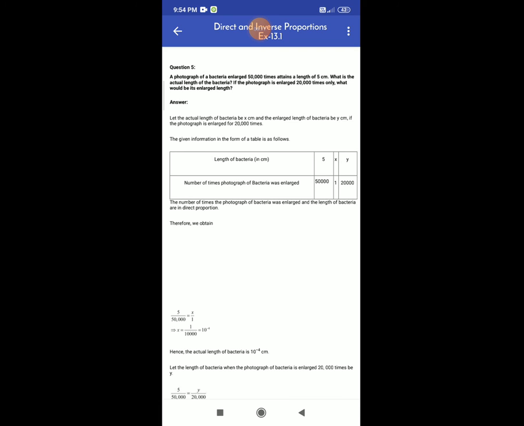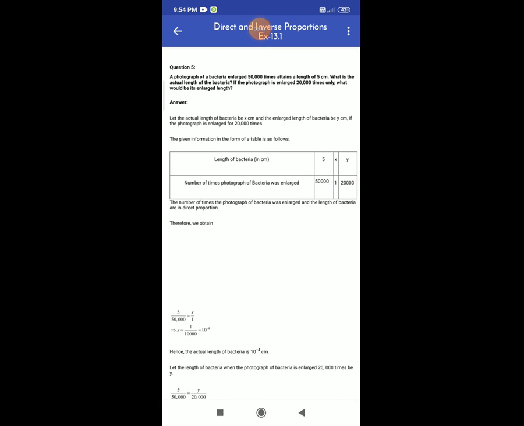So let the actual length of the bacteria be x centimeter and the enlarged length of the bacteria y centimeter if the photograph is enlarged 20,000 times. The given information in the form of the table is as follows. Length of the bacteria in centimeter 5, x and y respectively, and number of times the photograph of the bacteria was enlarged 50,000, 1 and 20,000.